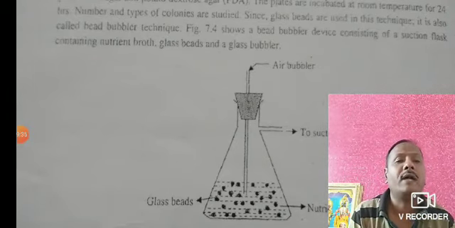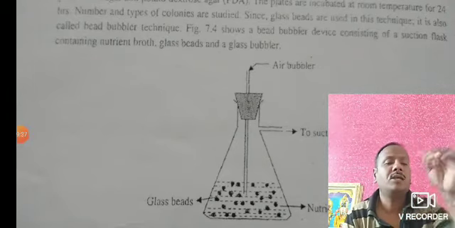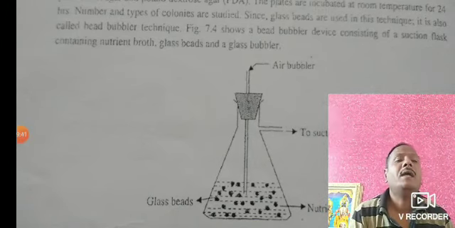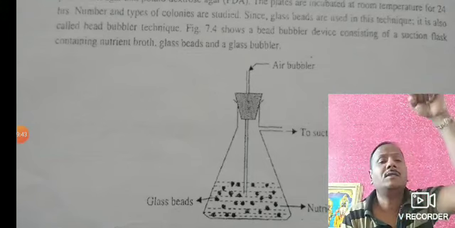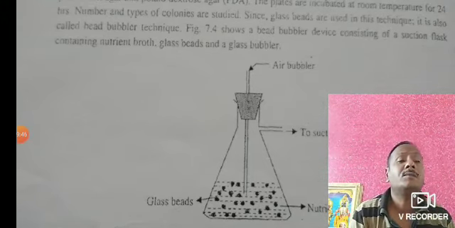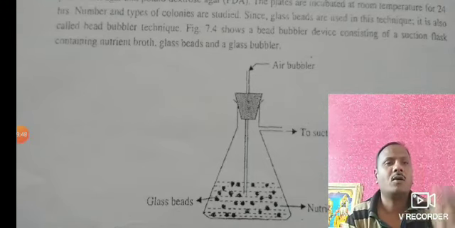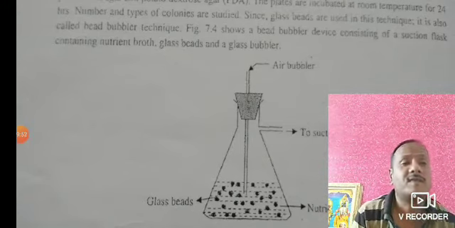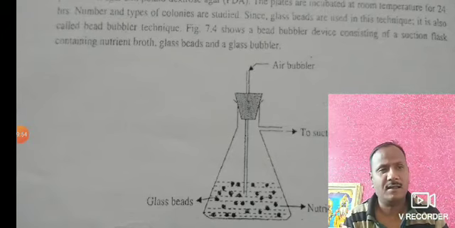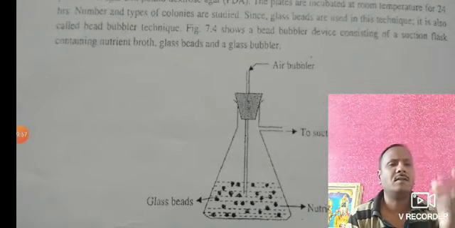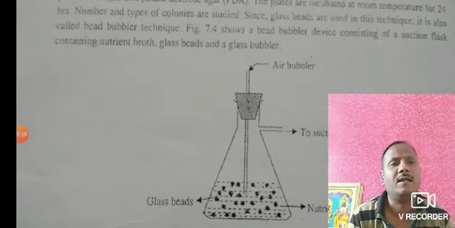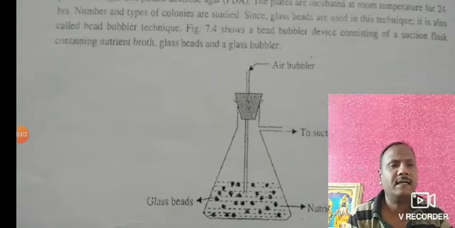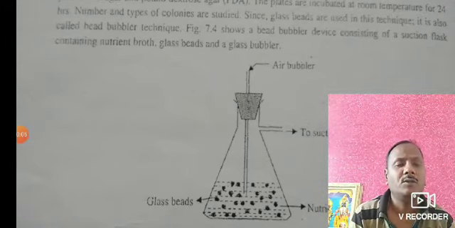Apart from that, you have to add some glass beads into it, and from the top side a pipette is adjusted with a cork borer, and through it you have to press air. This is the air bubbler. On the upper surface of that pipette there is generally a bulb adjusted, or we can blow with the mouth.